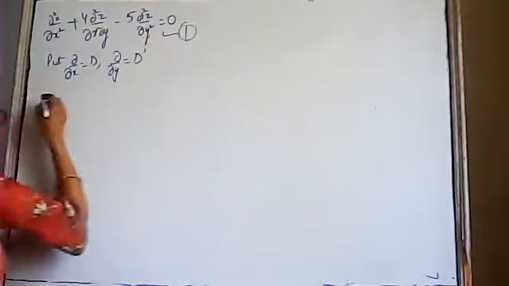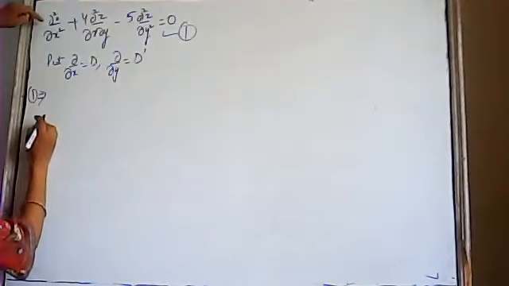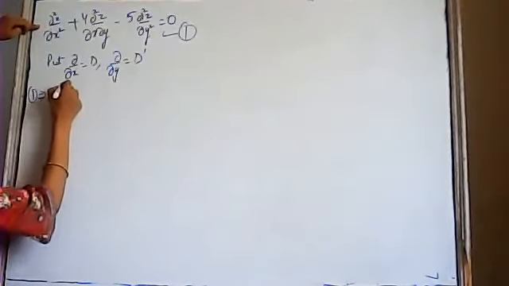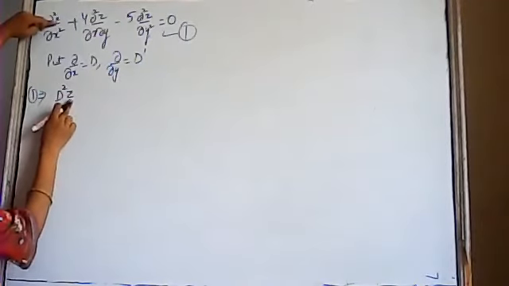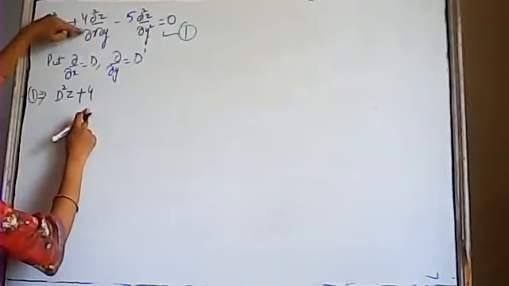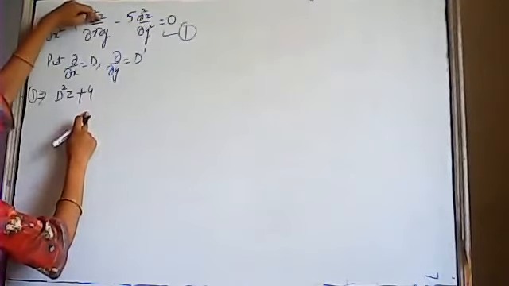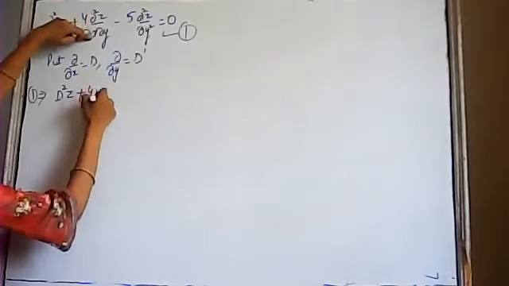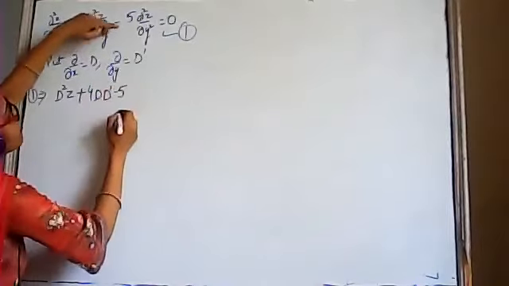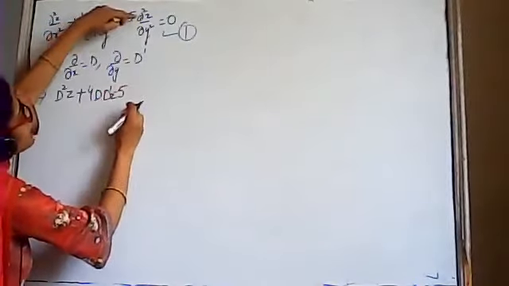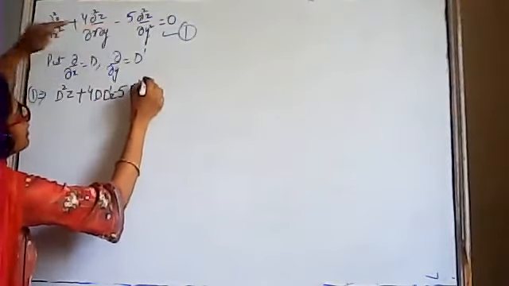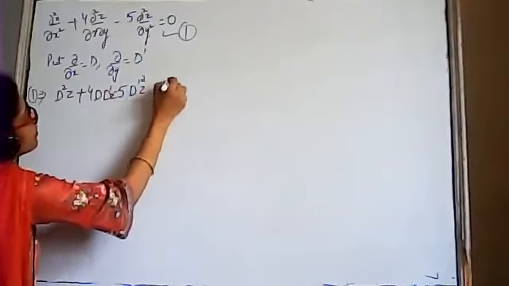So equation number 1 becomes: ∂²z/∂x² becomes D²z, the 4 remains as it is, ∂²/∂x∂y becomes D D dash, and minus 5 ∂²z/∂y² becomes D dash square z, equals 0.